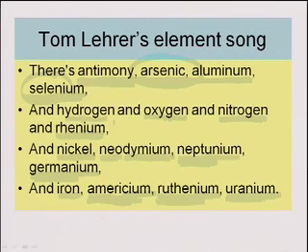Now I want to go back to that list, and I want to show you some of the symbols that we use for these elements. Antimony, interestingly, is Sb. Now, the symbols that we use are not always simple abbreviations.